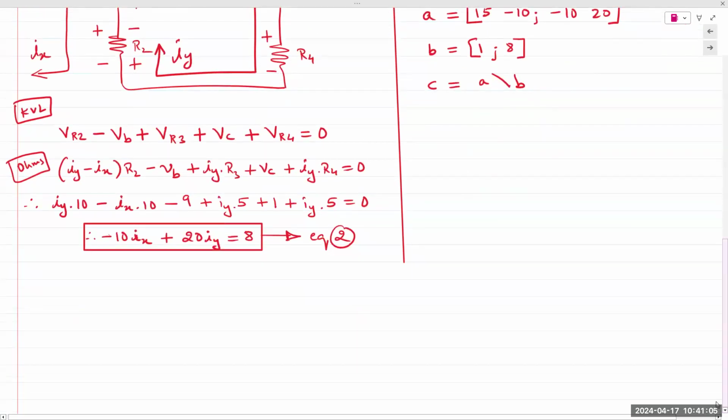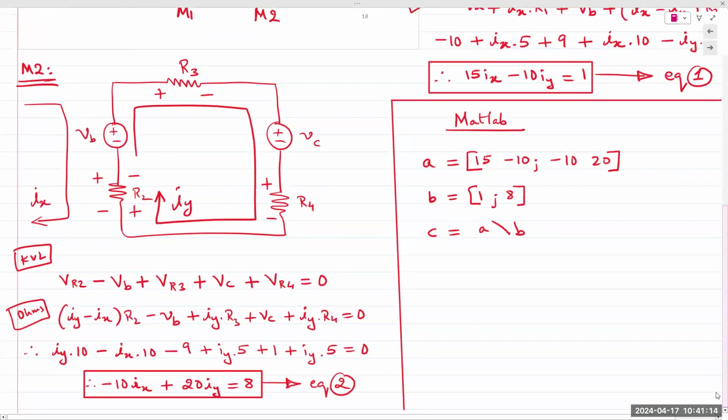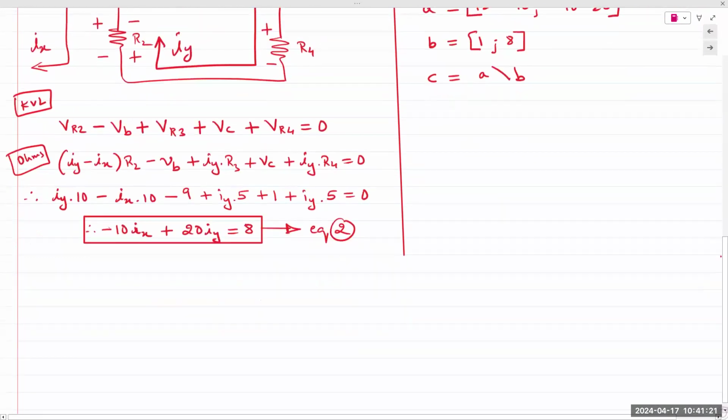To do a manual solve, let's use minus 10 here, plus 20, and I have 15 and 10 up there. So the easiest thing to do would be take equation 1 and multiply it by 2.